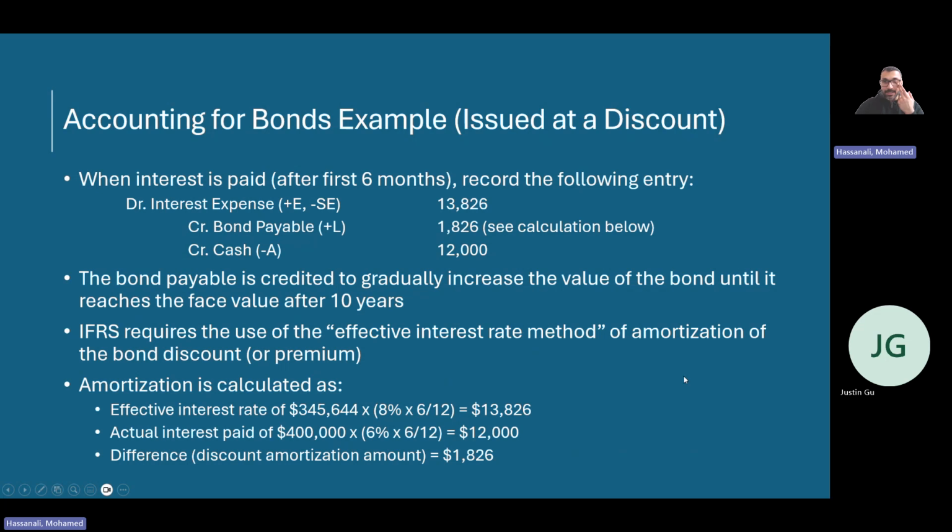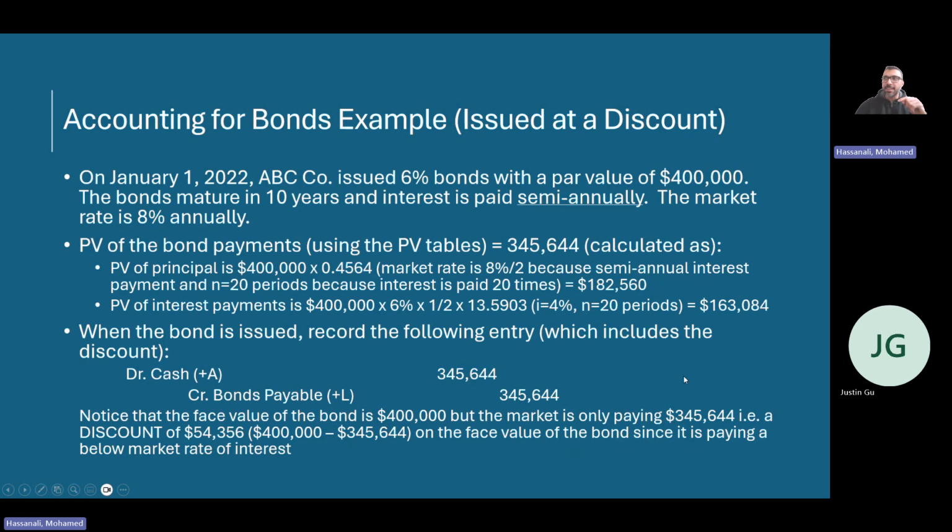What that does is it's taking the 345,644 and gradually adding to it over time. The reason you're adding to it is because as time progresses, you know that after 10 years, your bond liability is going to be $400,000, the face value.